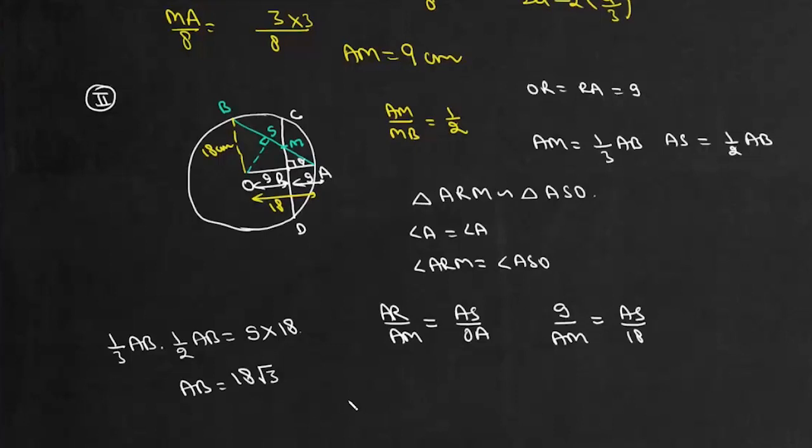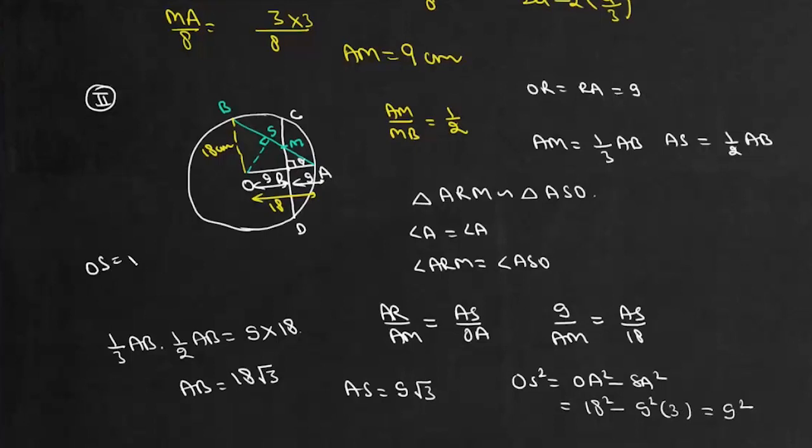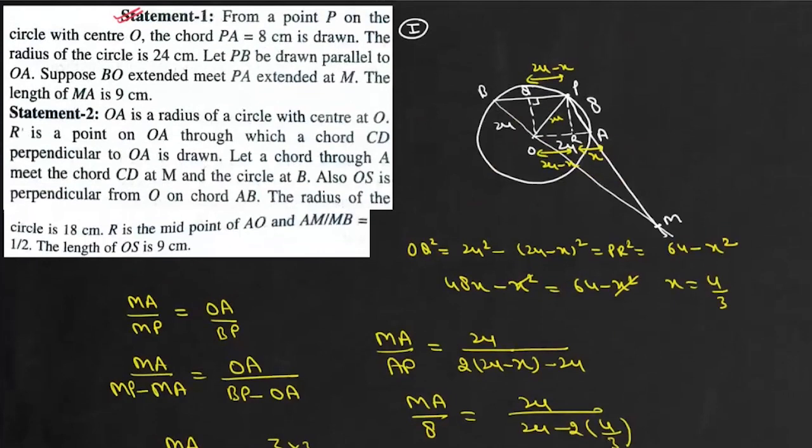Now AS is half of AB, so this AS will be simply 9 root 3, and then in this triangle OSA we can write OS square will be equal to OA square minus SA square, and OA square is 18 square minus 9 square into 3. Now this is 9 square into 4 minus 3, 1, so it will be equal to 9 square. So basically value of OS is 9 centimeter. So length of OS is 9 centimeter.